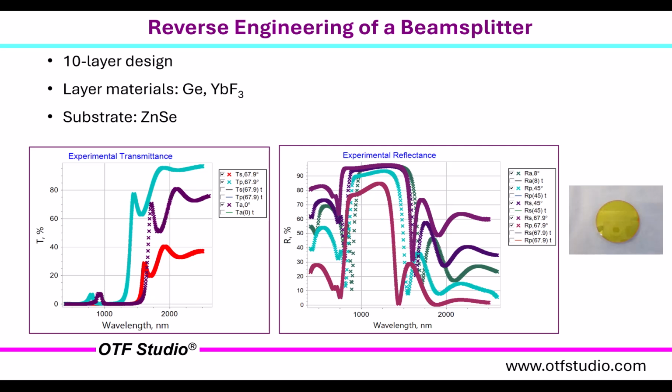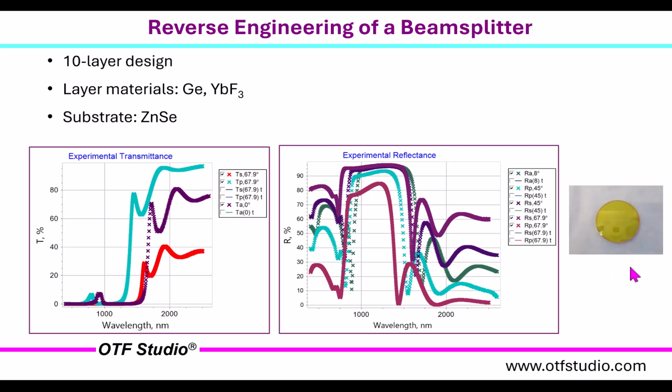In this example, I will perform reverse engineering of a beamsplitter consisting of 10 layers. Layer materials are germanium and terbium fluoride, typical for the infrared and near-infrared spectral range, and the substrate was zinc selenide.